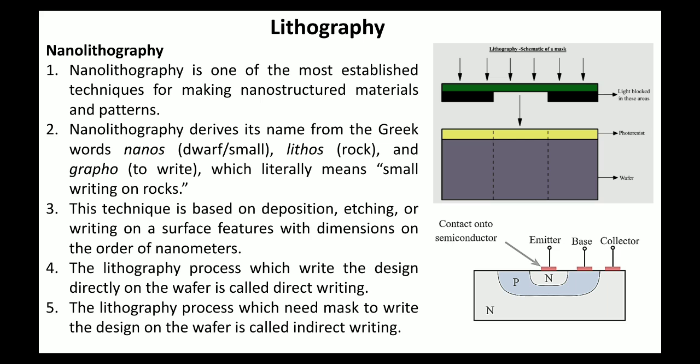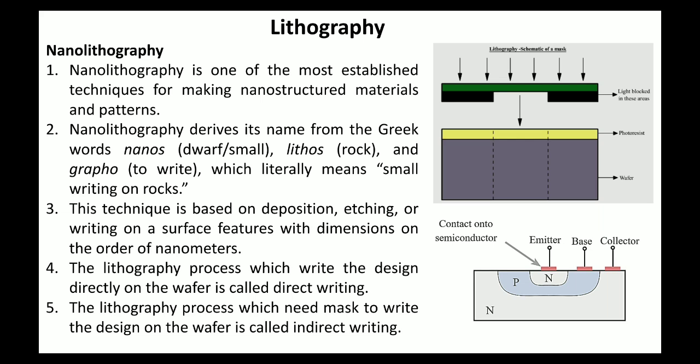Or you can also directly write on the surface, creating features with dimensions on the order of nanometers. So if we are able to deposit, etch and write at the nanoscale, then we call this nanolithography.